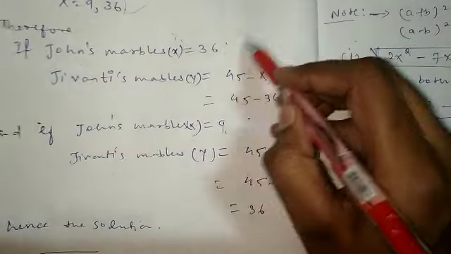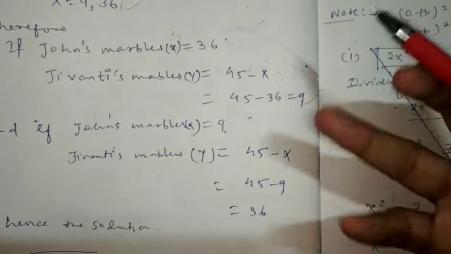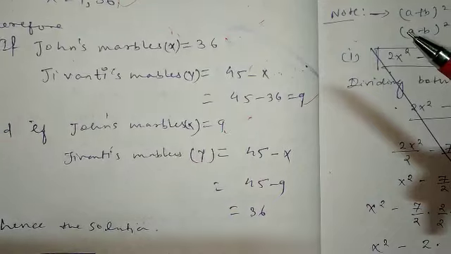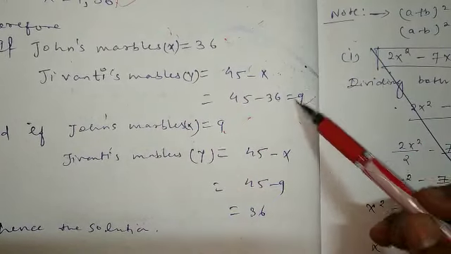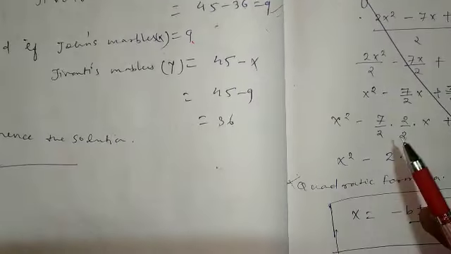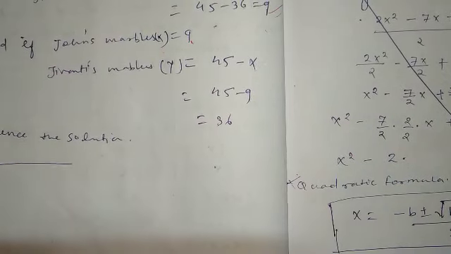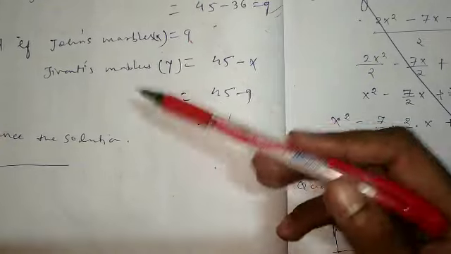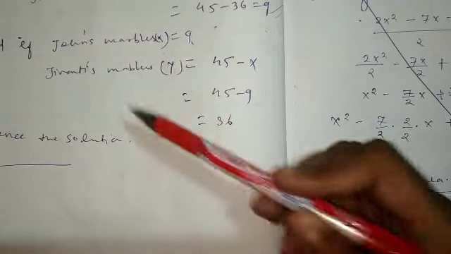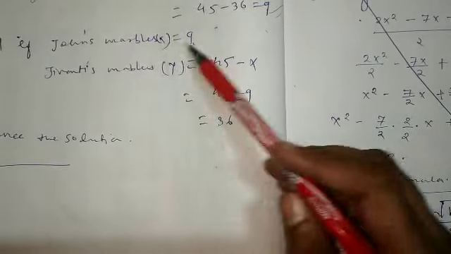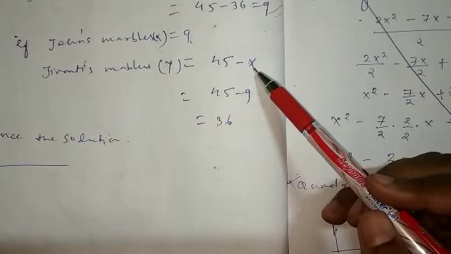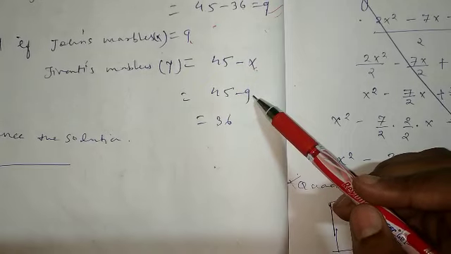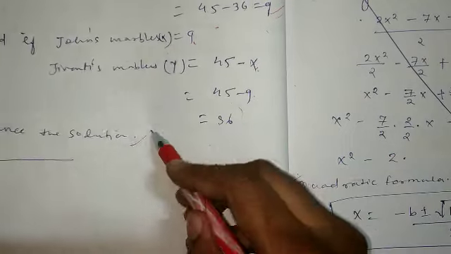So the number of marbles that John had at the starting point is 36, and Jivanti had 9 marbles. Again, similarly, now we'll take the value of x as 9. John's marbles are 9, and Jivanti's marbles are again 45 minus x. We'll put the value of x, that is 9. 45 minus 9 is equal to 36. Hence the solution.